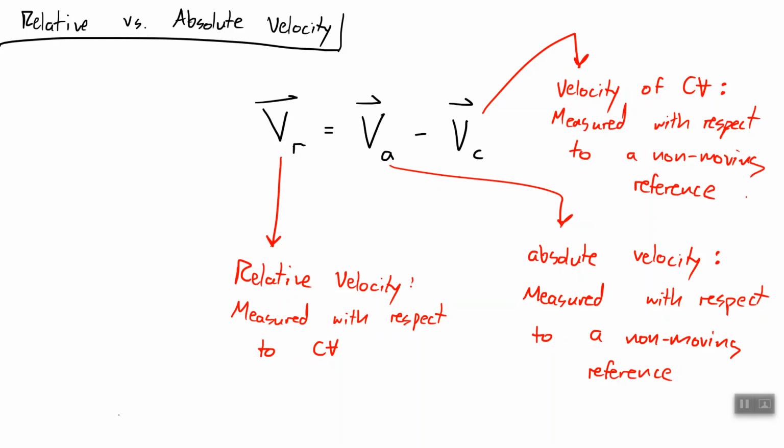So the relative velocity is equal to an absolute velocity minus the velocity of the thing that you were measuring the relative velocity according to.